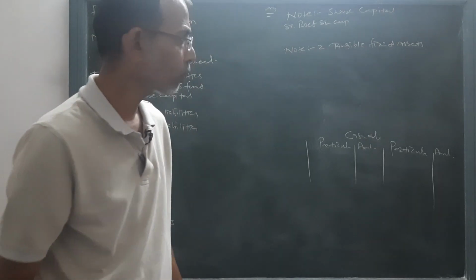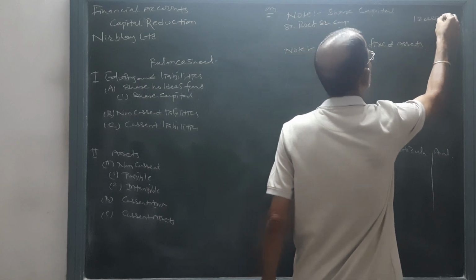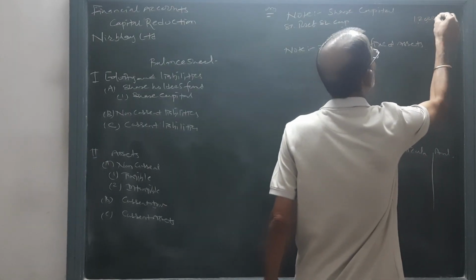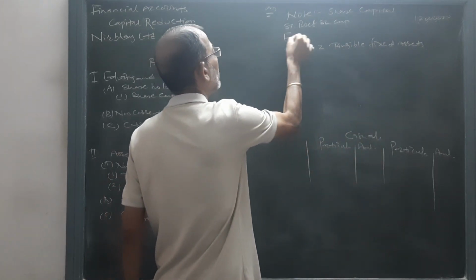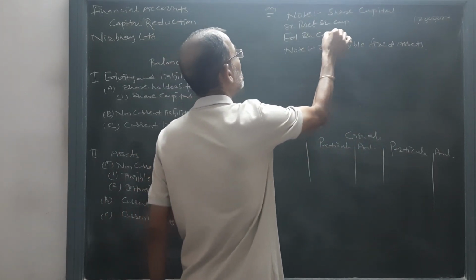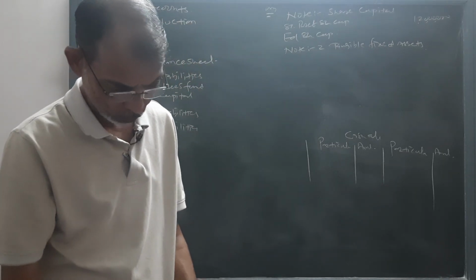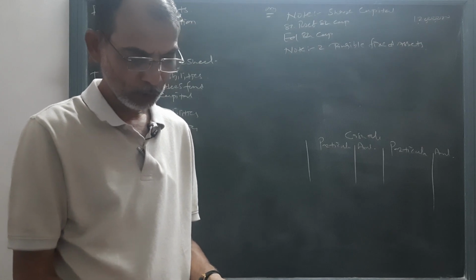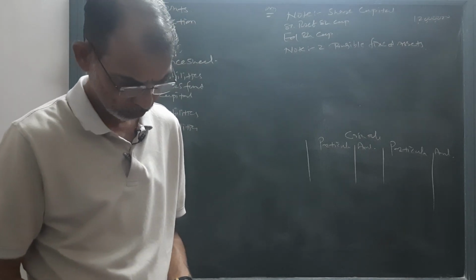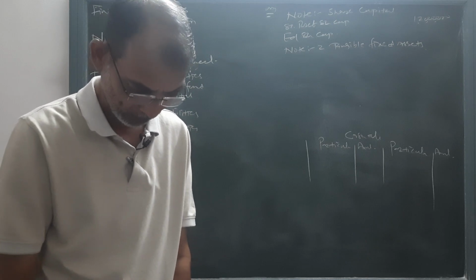So 1 crore 20 lakh will be the preference share capital amount. Then after comes equity share capital. 3 crore 50 lakh were reduced out of equity share capital. On 50 lakh shares, 7 rupees were reduced. So remains 1 crore 50 lakh.